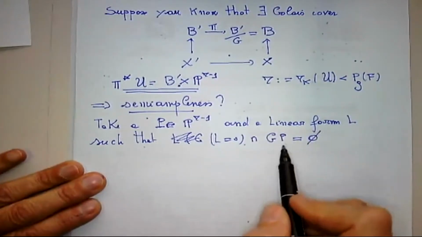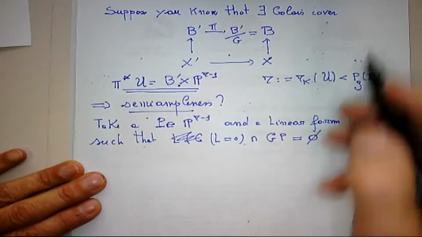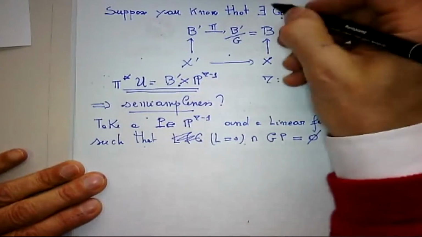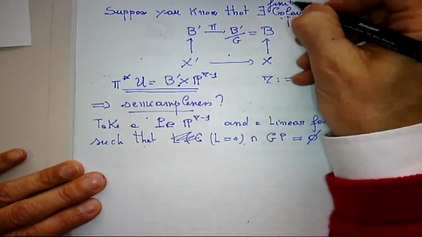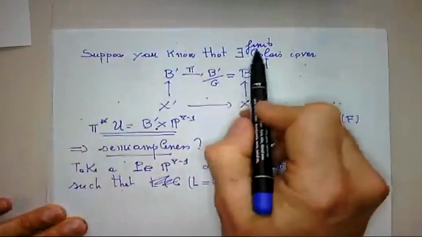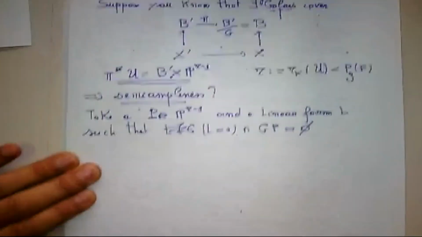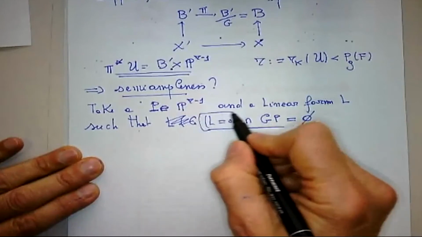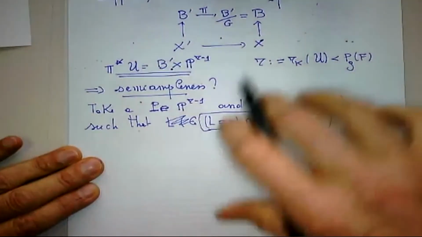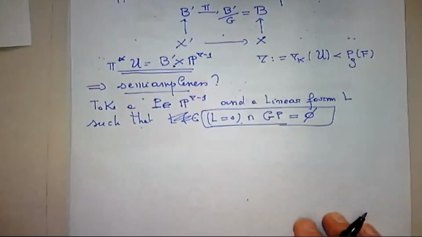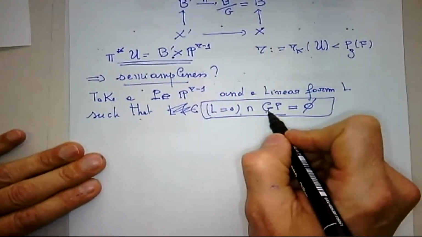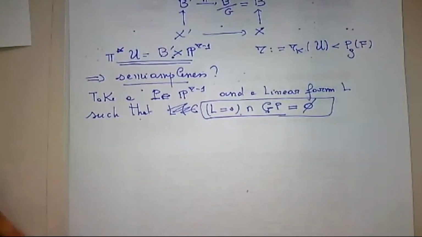Clearly here, the finiteness assumption for semiampleness gives a finite Galois cover. So in this case, to have a linear form which does not intersect a finite orbit is possible, but otherwise, no. But suppose we are in the finite case, in what I will call for the rest of the seminar the algebraic case.